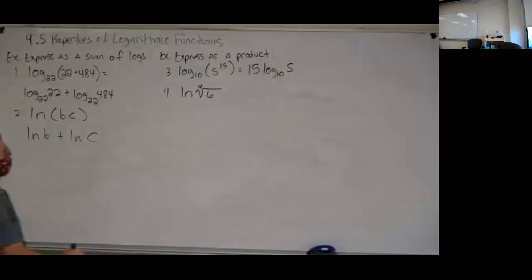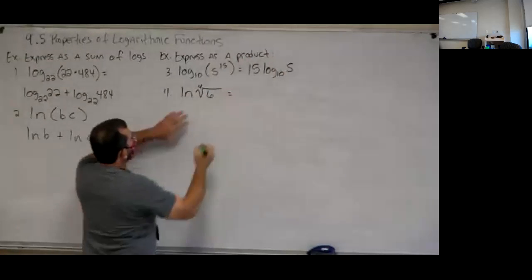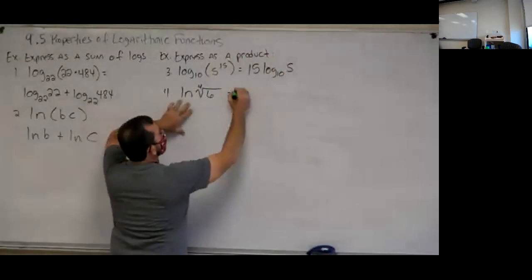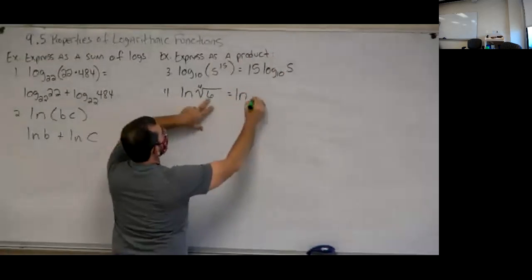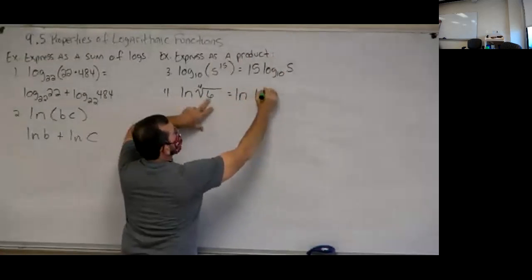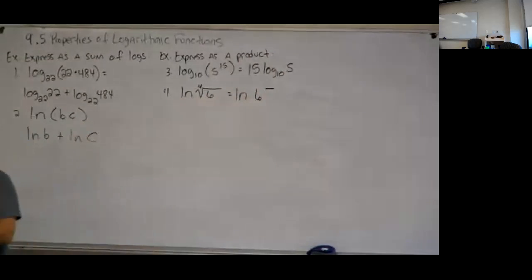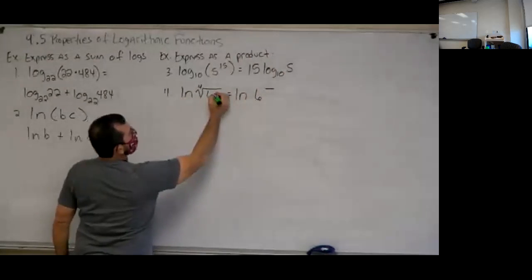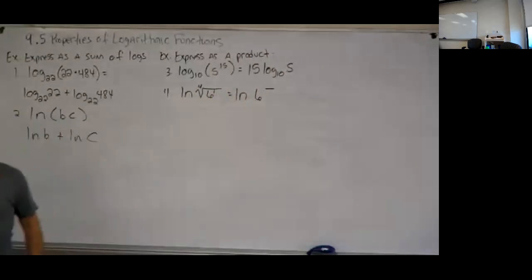Okay? So to rewrite this radical as a fractional exponent, I'm going to bring my ln over, my 6, and then we're going to figure out what that exponent is going to be. I will say this, since the 6 doesn't have an exponent by it, you would treat it like a 1.